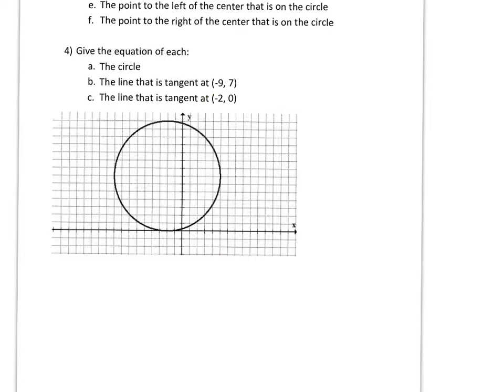The other part of number 4 is finding the equation of the line that is tangent at (-9, 7). The point (-9, 7) is right here. Now the line that's tangent to that is this line right here.